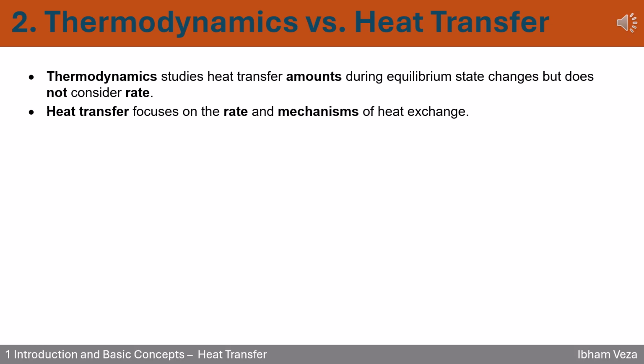Heat transfer, on the other hand, is all about the speed and method of heat movement. It looks at rates, mechanisms, and how energy actually flows over time. Understanding this distinction is key. Thermodynamics tells you how much, heat transfer tells you how fast and how it happens.